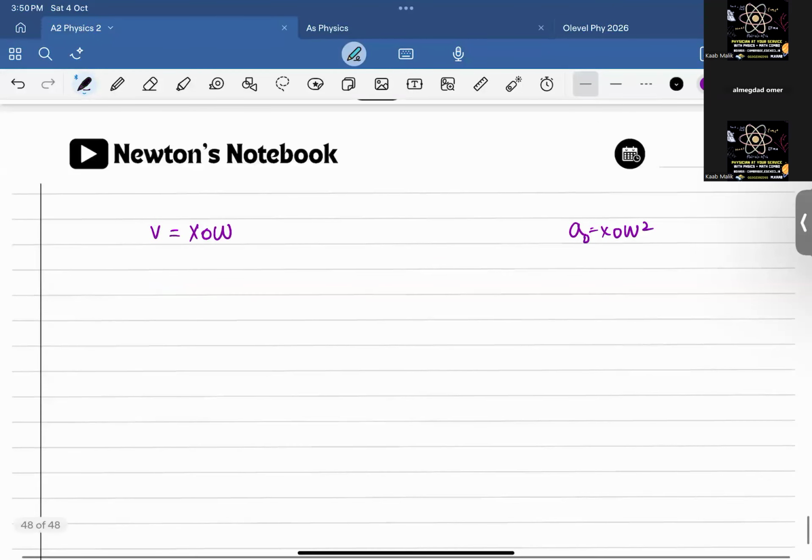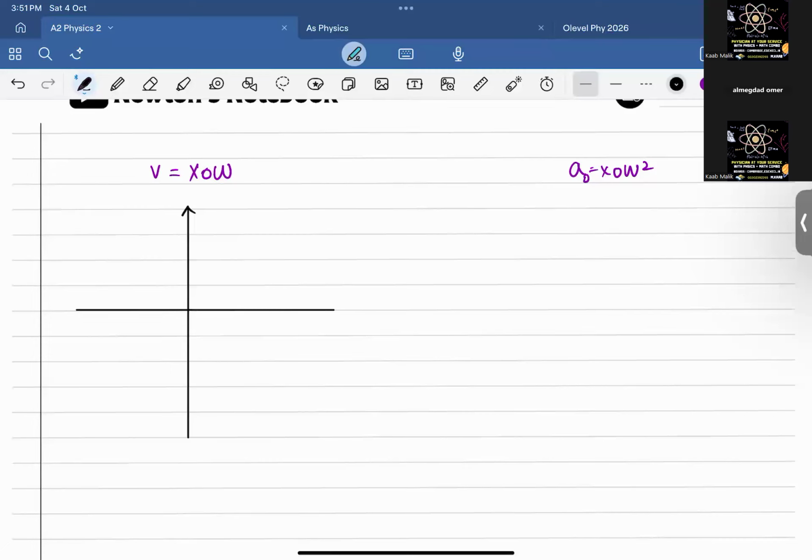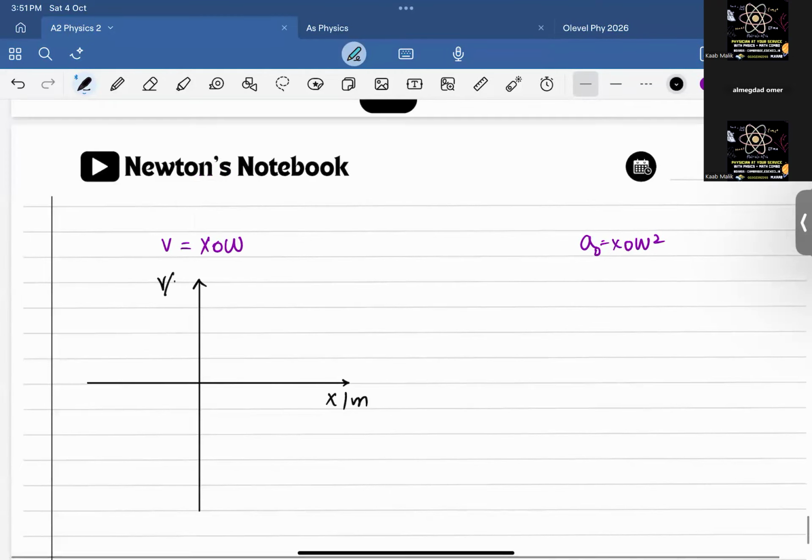Can you suggest the shape of the graph for the first function? If I have x in meters and velocity in meters per second, how is it proportional, and to which quantity?